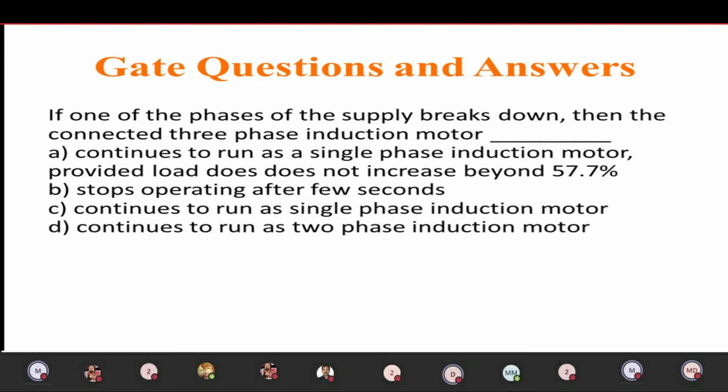Then the slots are fixed in the inner periphery. The purpose of slots is to provide the stator winding. A three-phase stator winding is fixed in the slots, each displaced by 120 degrees. The purpose of this arrangement is to get the rotating magnetic field.